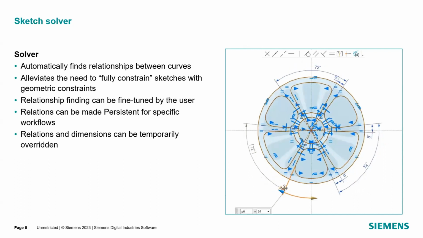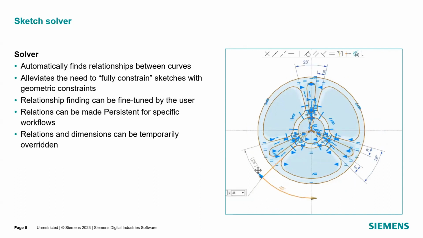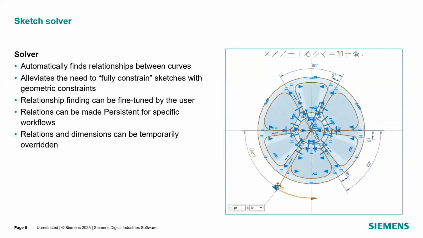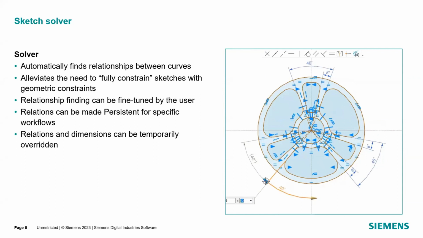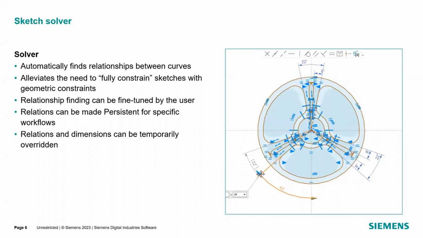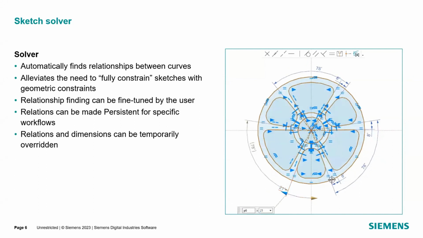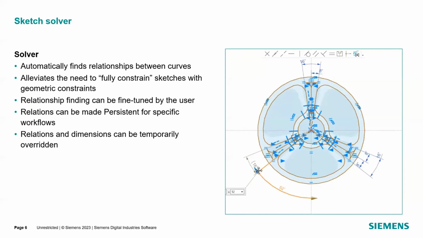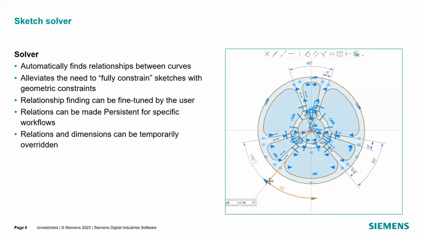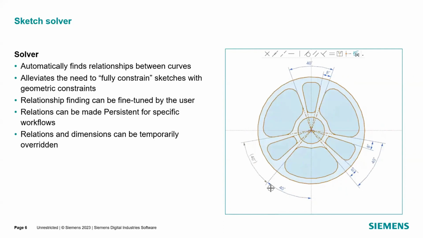You're able to change your design intent much quicker with the way this is done. And there are tools to help with what relations you would like it to find. You can turn those on and off and fine tune that to what you want it to look for. And it just allows us to control much better, much faster as we're doing the development of our sketch. So that's number one, the solver.